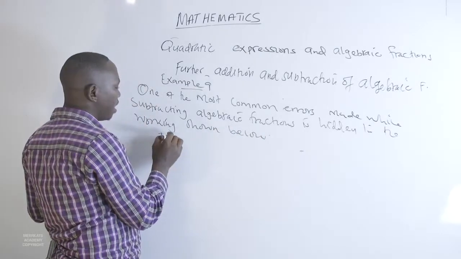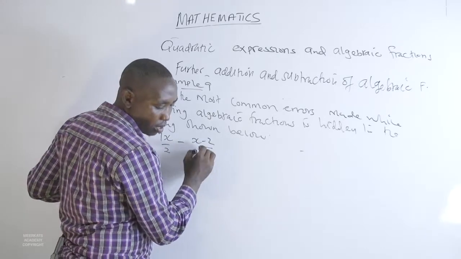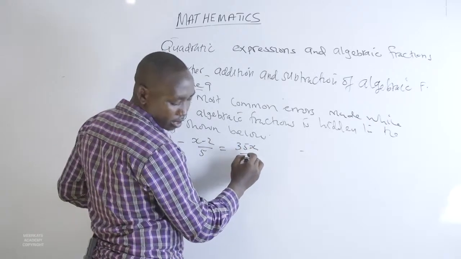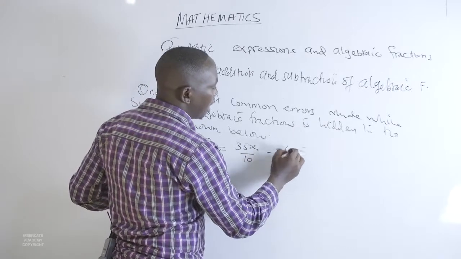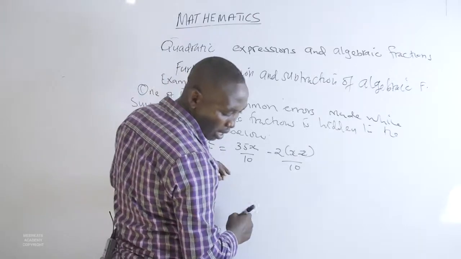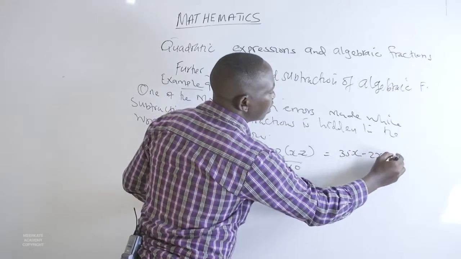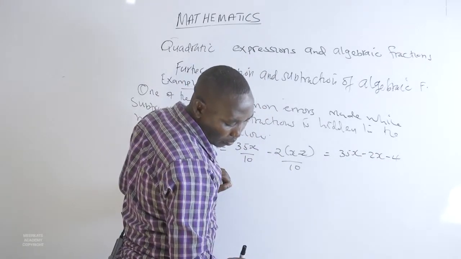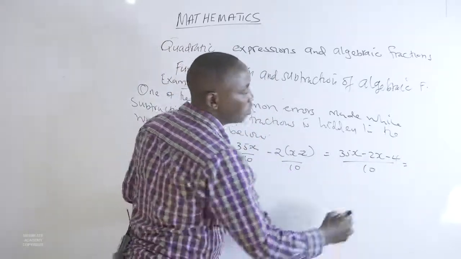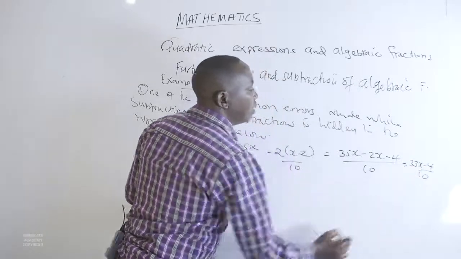We are having 7x over 2 subtract x minus 2 all over 5, and that this equals 35x over 10 minus 2 into x minus 2 over 10, which gives us 35x minus 2x minus 4 all over 10, which finally gives you 3x minus 4 all over 10.